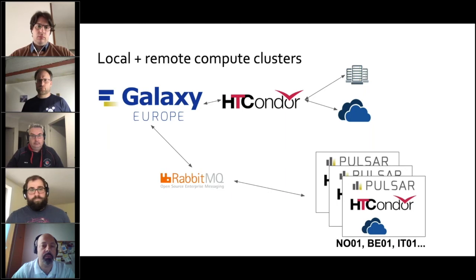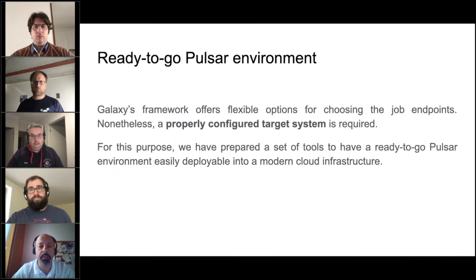because Galaxy doesn't need to reach the Pulsar site directly. And the second advantage is that, again, the Pulsar site doesn't need any public IP, which in this period is not a common resource to have.